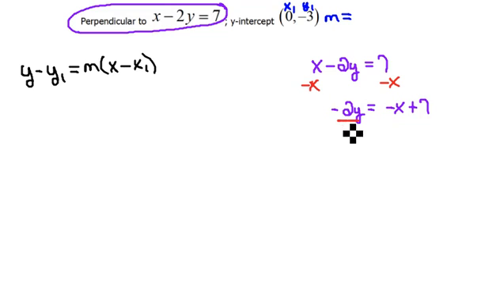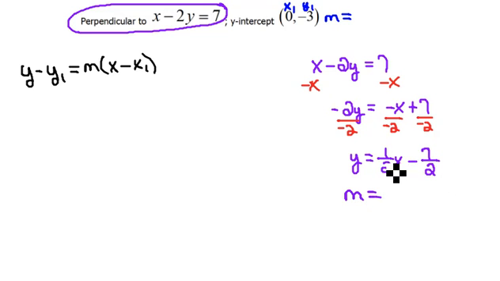And dividing everything by negative 2, we would have y equals negative divided by negative would be positive, so that would be 1/2 x. And then positive divided by negative would be negative 7/2. So the slope of this line is 1/2.